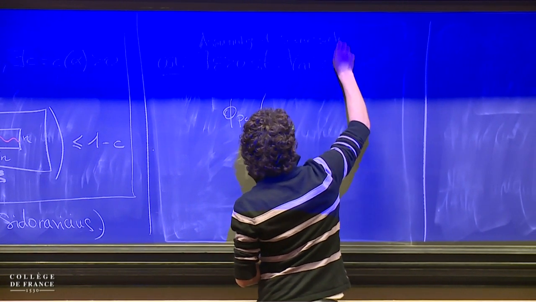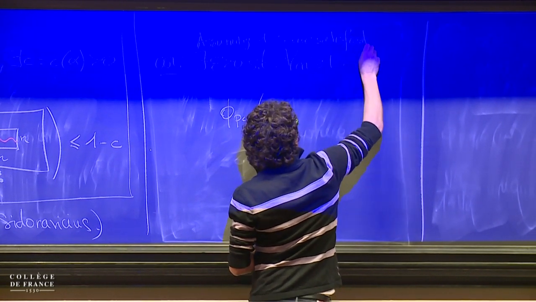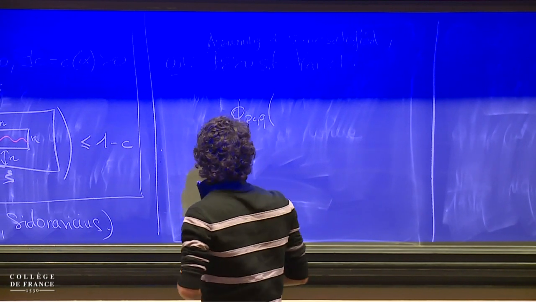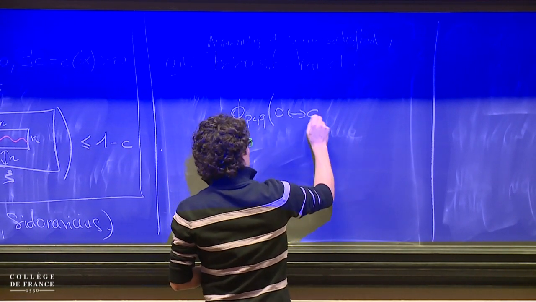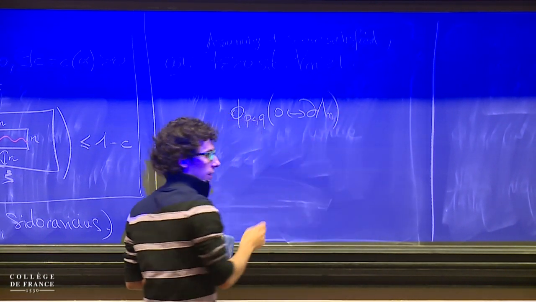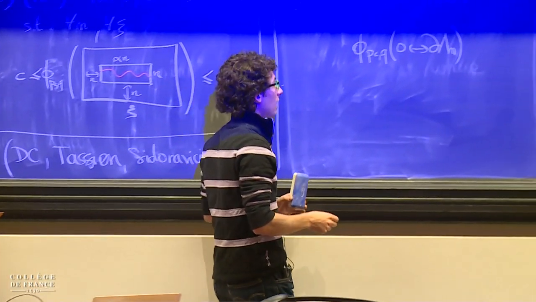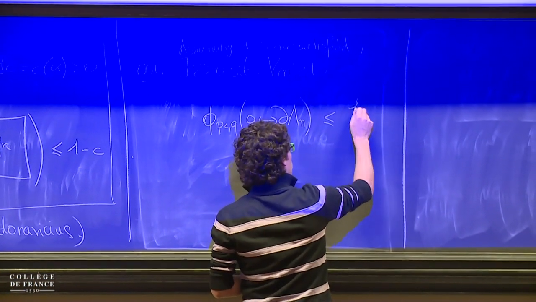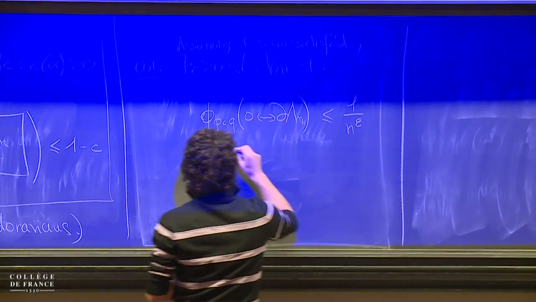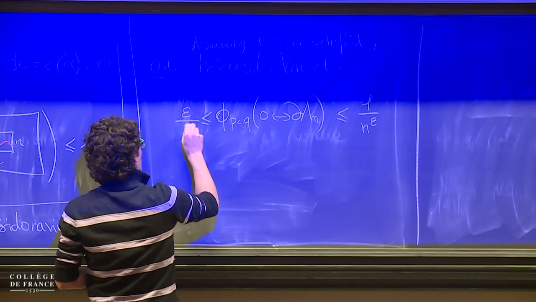Okay? So I take a value of q for which these things are satisfied, and I want to prove that the probability of being connected to distance n, well, it decays polynomially. So it's smaller than 1 over n to the epsilon. It's larger than epsilon over n.